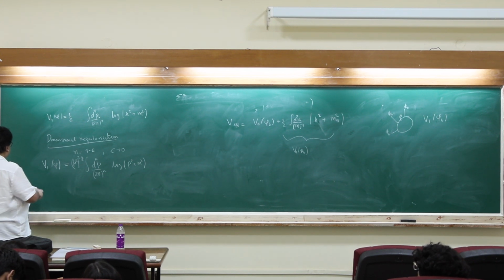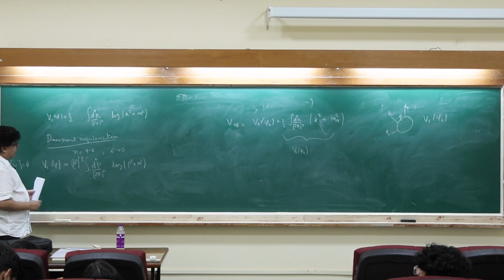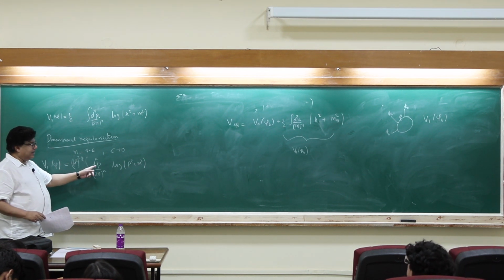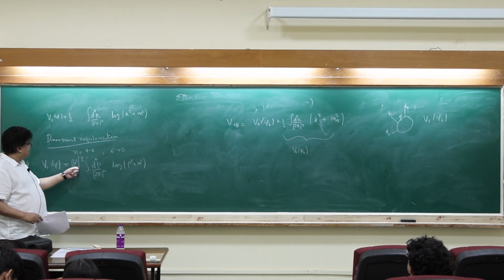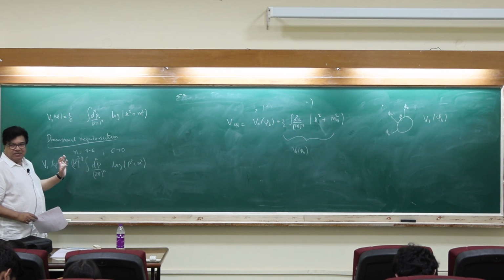The potential should be a 4-dimensional object, so I have gone away from this 4 dimension in this p integral. So I compensate by putting a mass parameter, so that the total thing is 4-dimensional.